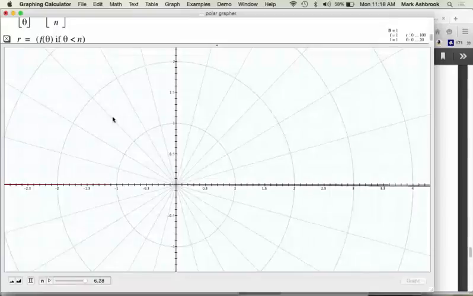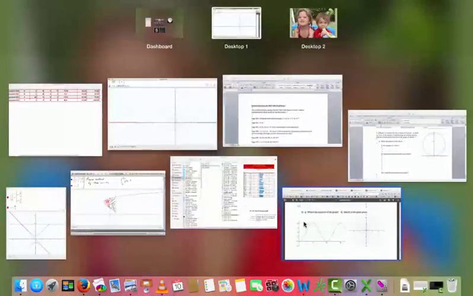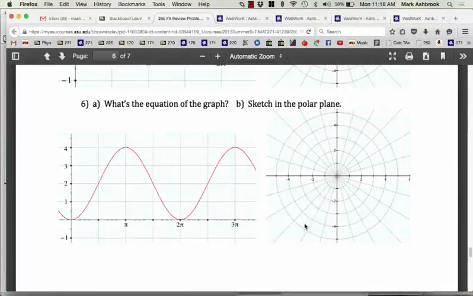Okay, so let's go back to one of those that we were working on. So let's just do this one. Back to this one again. Suppose we want to find the area of this part right here.